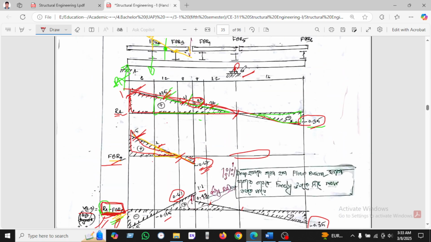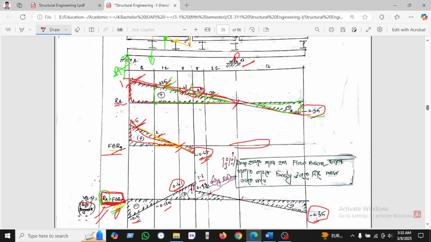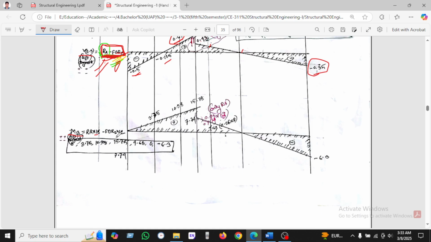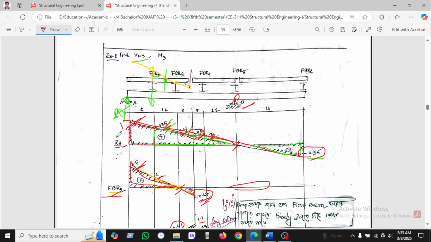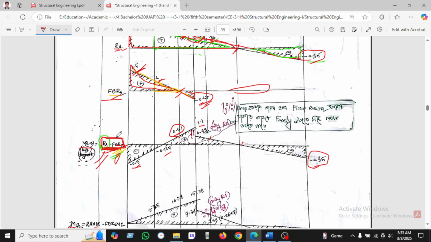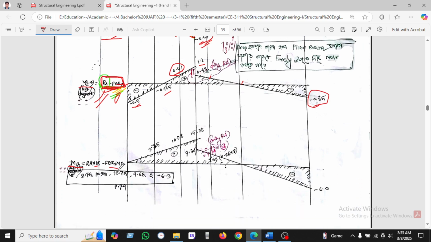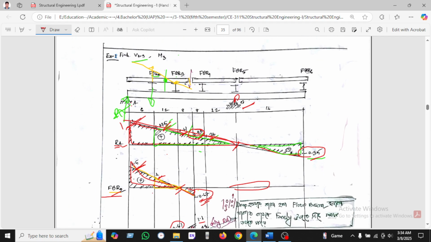So at first I have to take the moment here. RA into this distance, it will be 18, and floor beam 2 into 12. Here is floor beam 2 into 12.